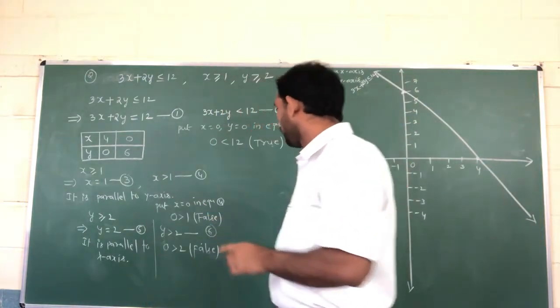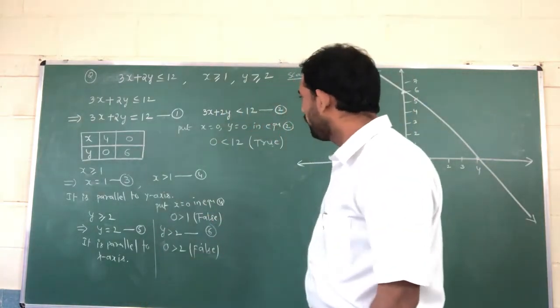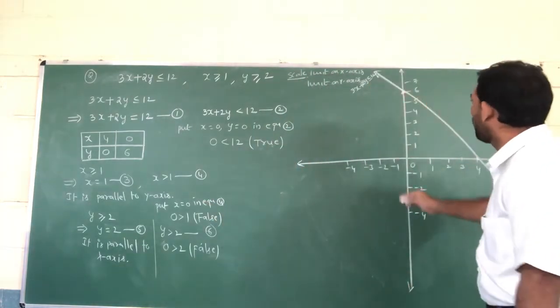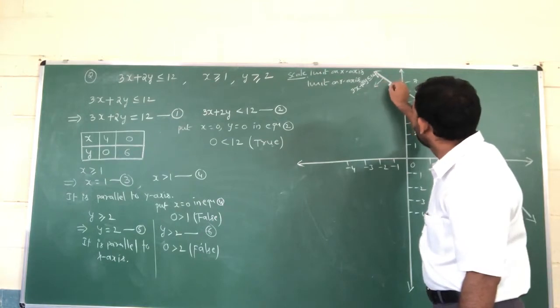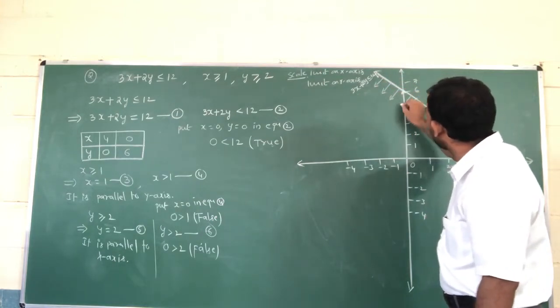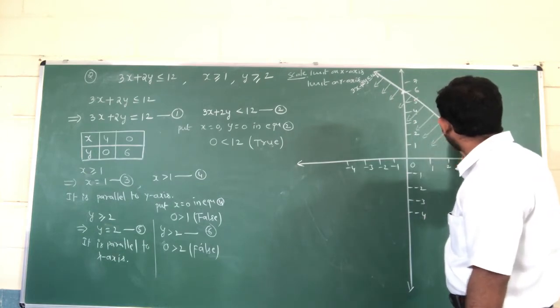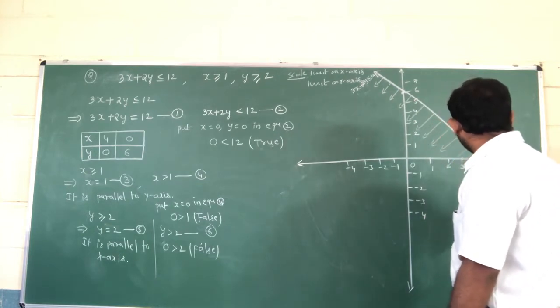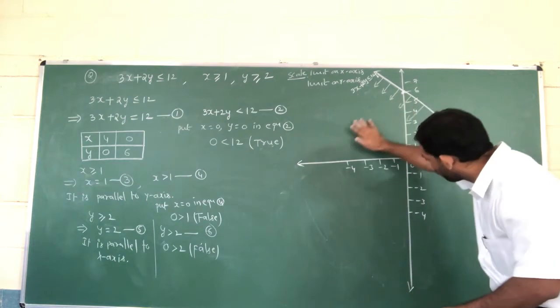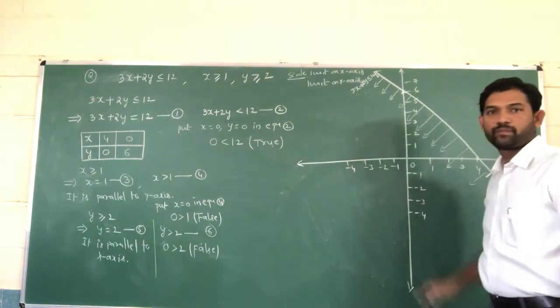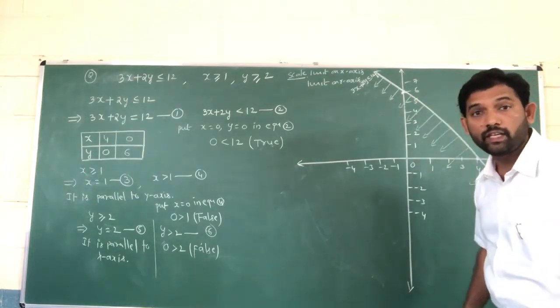Here, see, is it true or false? True only. True means towards the origin we have to shade. Towards the origin you have to put arrow marks. Putting arrow marks means the solution is here, for this inequality.